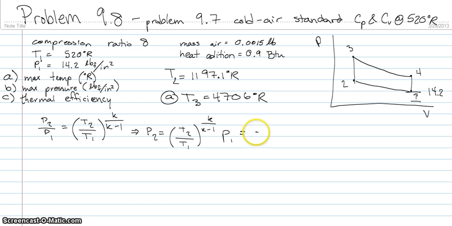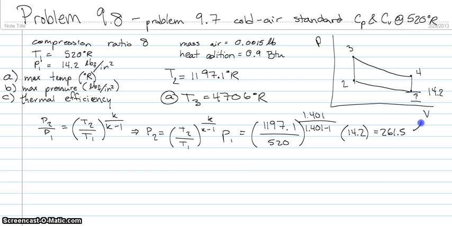When we plug in our information, we have the temperature at state 2 over the temperature at state 1, to the power 1.4 over 0.4, and then we multiply that by the pressure from state 1, which was 14.2. When we solve it all out in our calculator, we get 261.5 pounds force per inch squared.